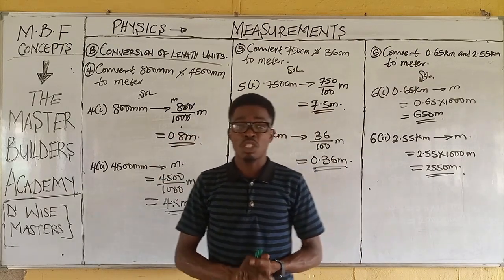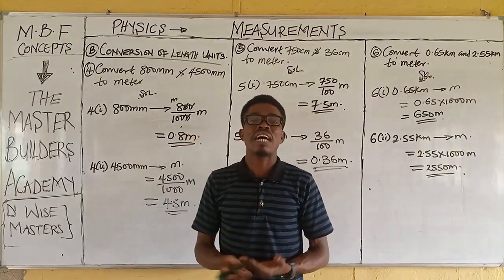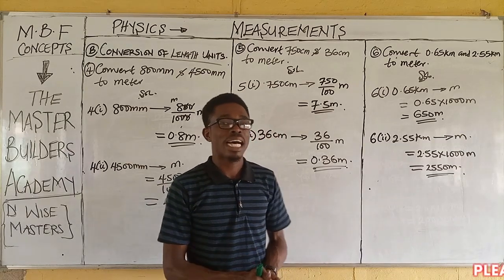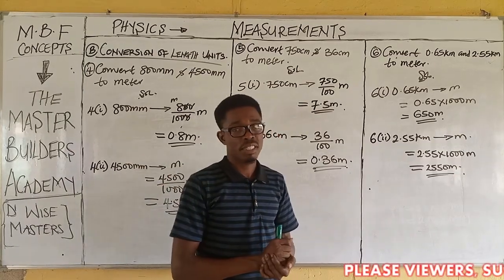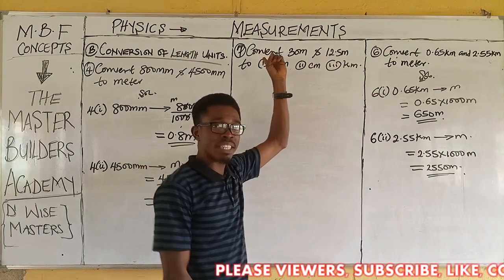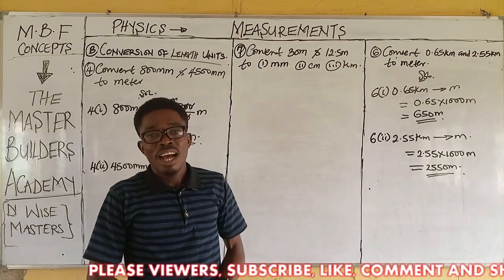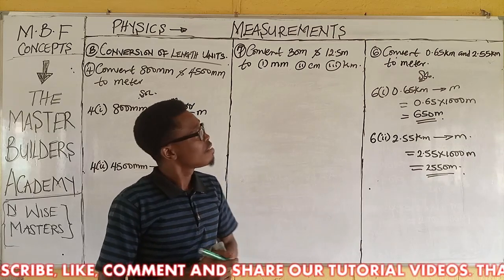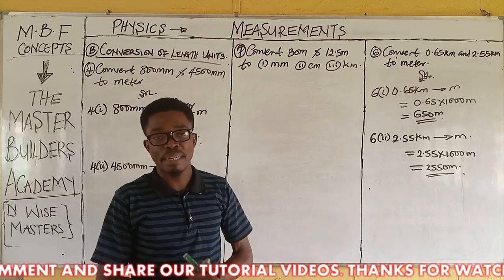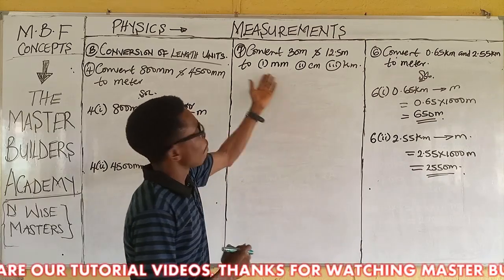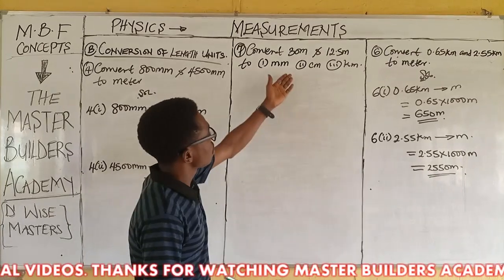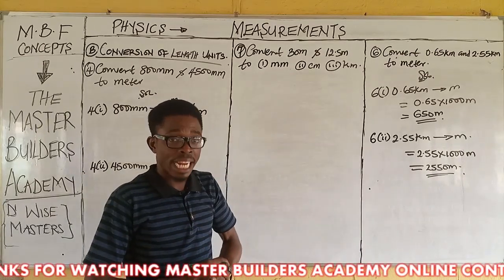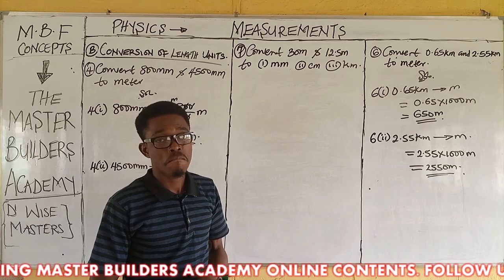Now we will quickly look at question number 7, where we will convert units in meter to all of these other units very shortly. Question number 7 is here. Now we are asked to convert 30 meters and 12.5 meters to millimeter, centimeter, and kilometer.